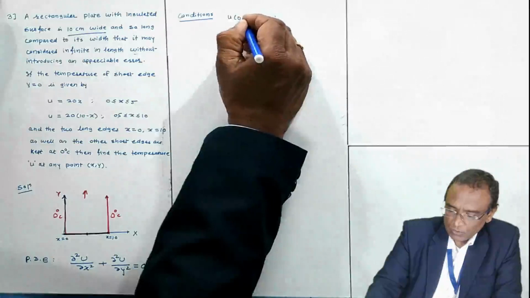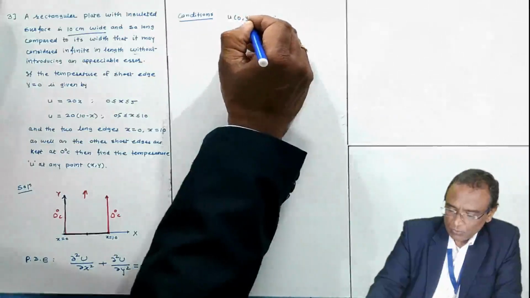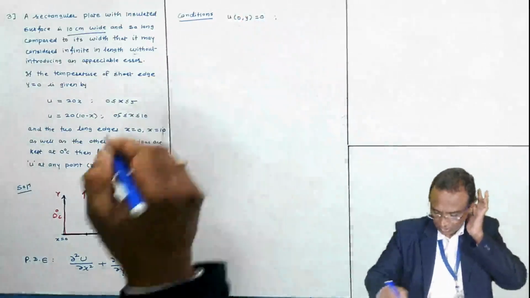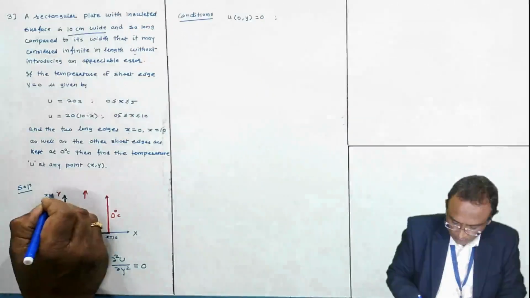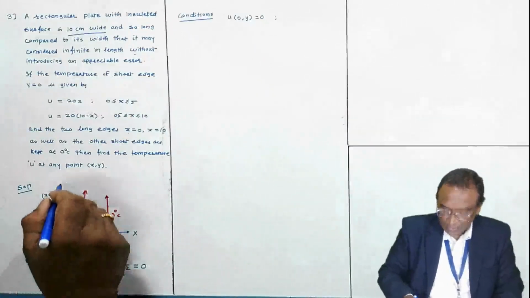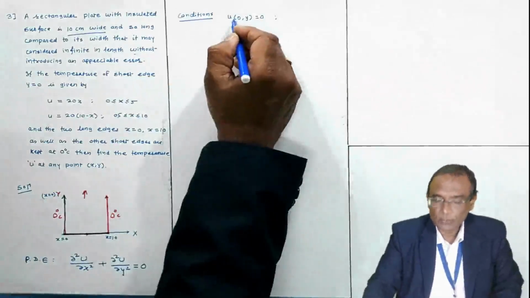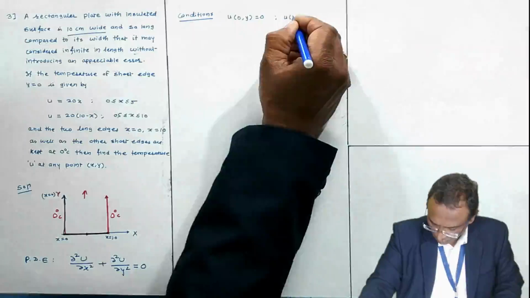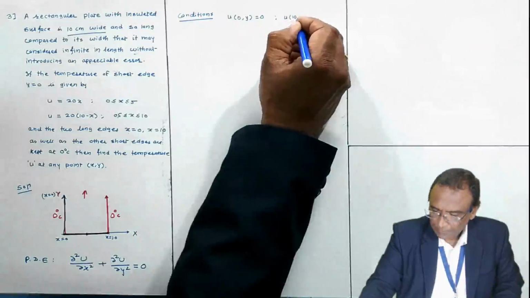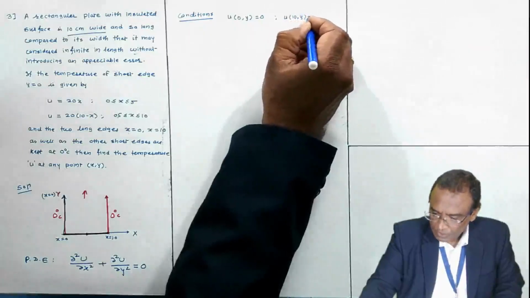When x is 0, the temperature is 0. See, x equal to 0 means the y-axis. Along x equal to 0, temperature is 0, u is 0. Along x equal to 10, temperature is 0 again.